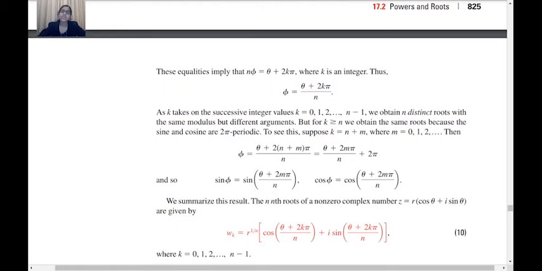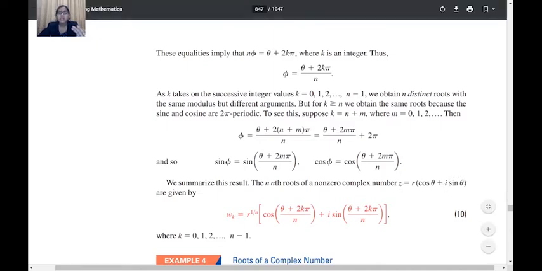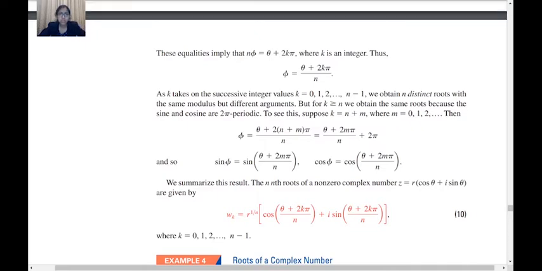So to find the nth roots of a non-zero complex number, there will basically be n distinct roots, and the formula, which we had mentioned in the slide, is this: for any complex number z equal to r cos theta plus i sin theta, the n distinct nth roots are given by wk equal to r raised to 1 by n times cos of theta plus 2k pi by n plus i sin of theta plus 2k pi by n, where k varies from 0, 1, 2, 3, etc. up to n minus 1.